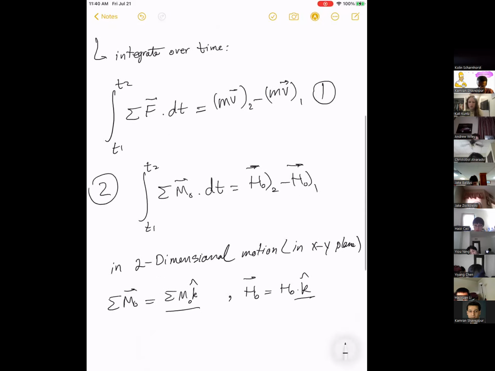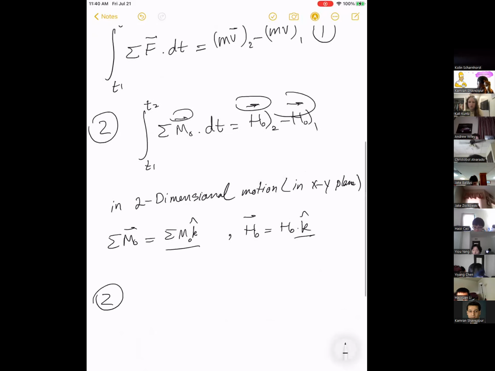I can drop the vectors and simply write equation 2 as summation of moment about O dt is HO2 minus HO1.